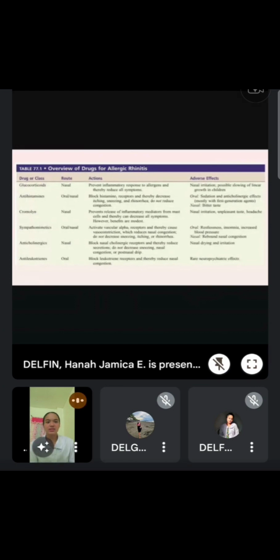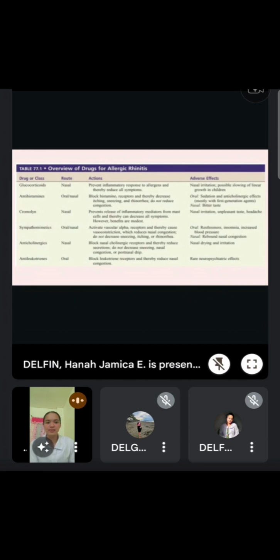Adverse effects are usually mild. The most frequent complaint is sedation, which occurs frequently with the first generation antihistamines and much less often with the second generation agents. Accordingly, second generation agents are clearly preferred for students who need to remain alert in class and for patients who do work that requires alertness.